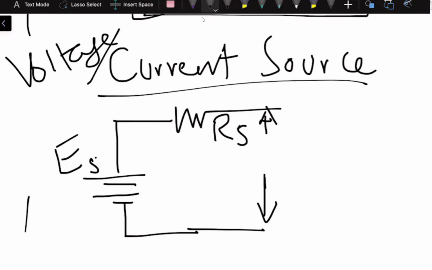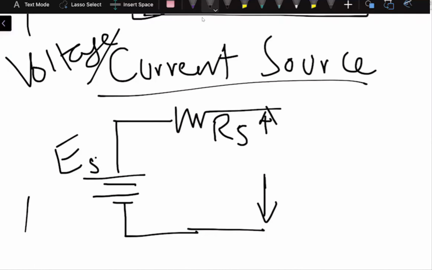This means the series resistance is negligible, so whatever potential is generated by the source is given to the specific circuit to which it is connected. That is the ideal case. But in a practical voltage source, there is a series resistance in series with the voltage source which is generating the voltage, right?